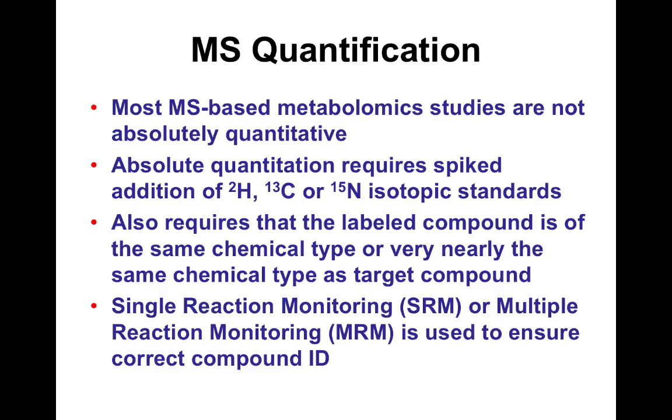In many cases, people even have to synthesize them. Those isotope standards have to be identical or similar to the ones being measured. You use a technique called single reaction monitoring or multiple reaction monitoring, SRM or MRM, to ensure not only that the compounds are identified, but also to ensure good quantification.